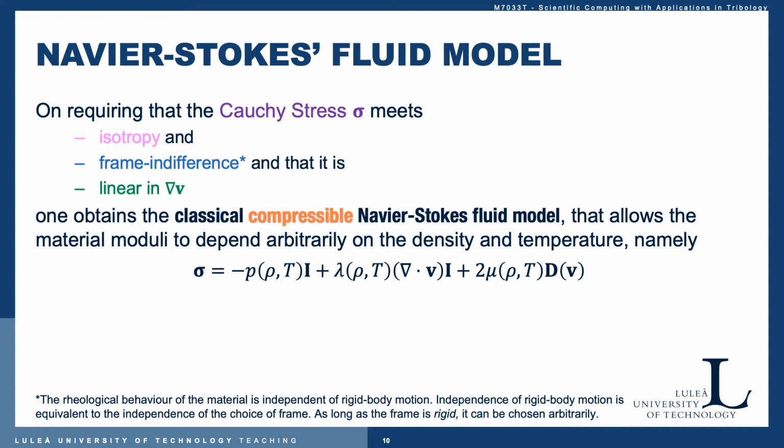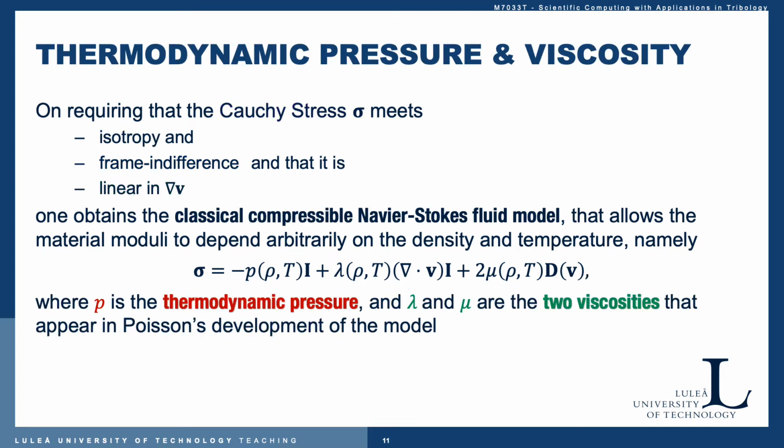So lambda and mu can depend on the density and the temperature as indicated by the functions here. And also the pressure may vary on these parameters. And P here is the thermodynamic pressure. We will later on see what is the definition of the mechanical pressure. But this is the thermodynamic pressure, and lambda and mu are the two viscosities that appear in Poisson's original development of this model.